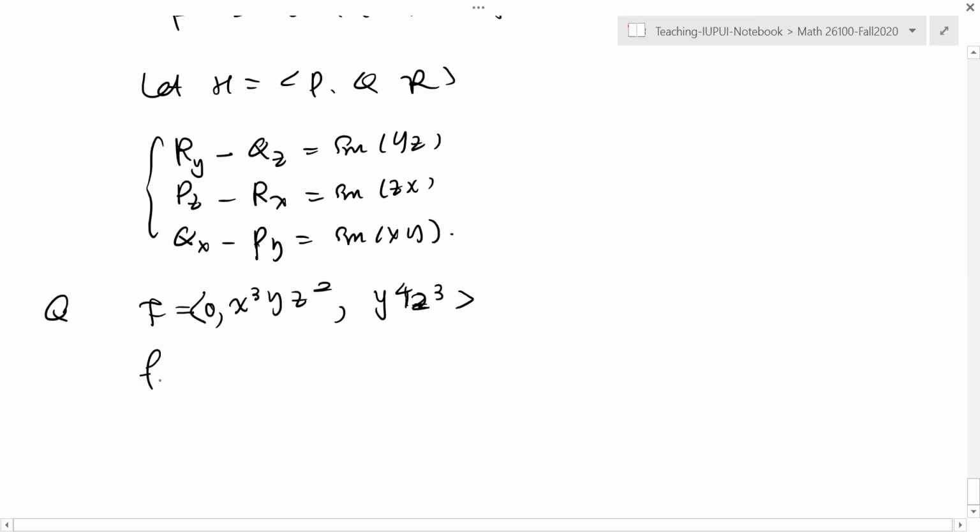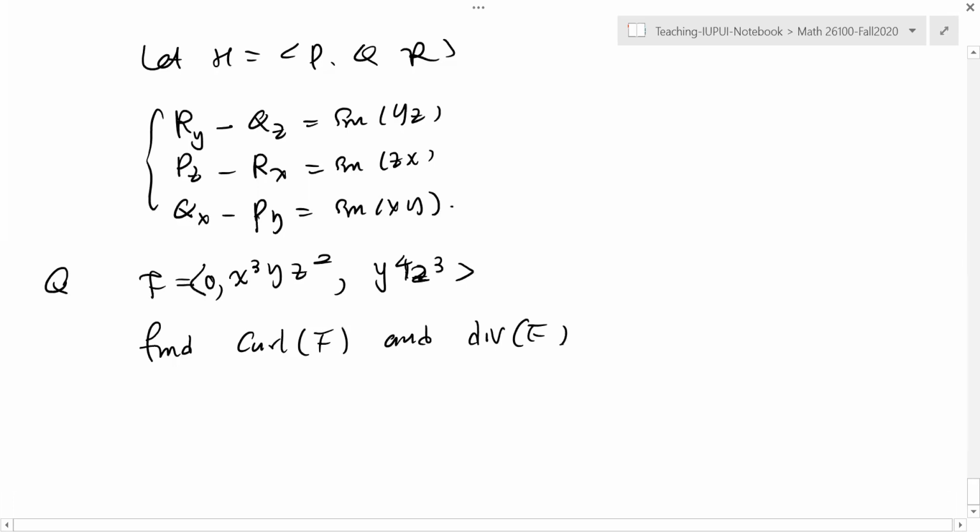I hope we can find the curl of F and the divergence of F. Can you try this? Give a minute to look at it.